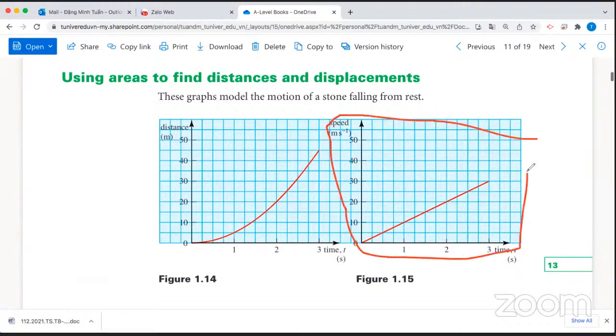It's denoted from 0 to 3 here. That means the area under the graph here is the value of the distance, the area of this triangle. That's easy to figure out.